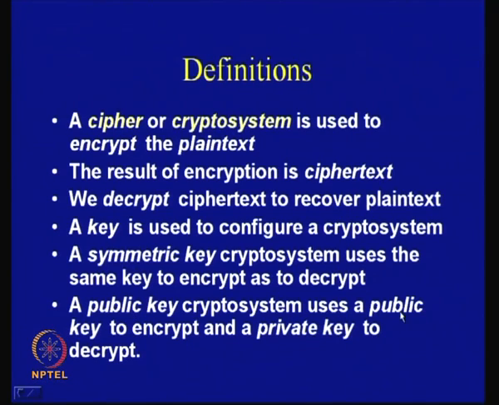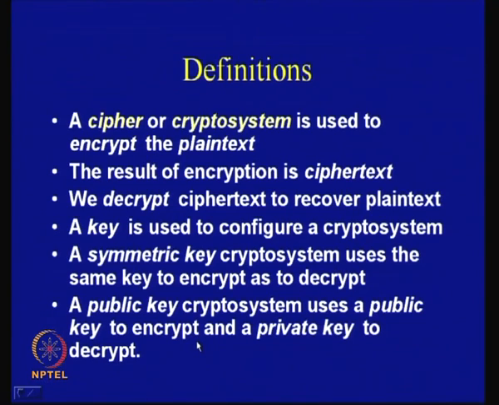One of them is called the public key and the other is the private key. When we are encrypting, the public key is used. That means this piece of key which is known to everybody can be used for encryption. So, ideally anybody can encrypt, but when you are decrypting, you need the private key, which is not known to everybody apart from the only person who is supposed to decrypt the information. So, in a public key crypto system anybody can encrypt, but only a particular intended person can decrypt the information.